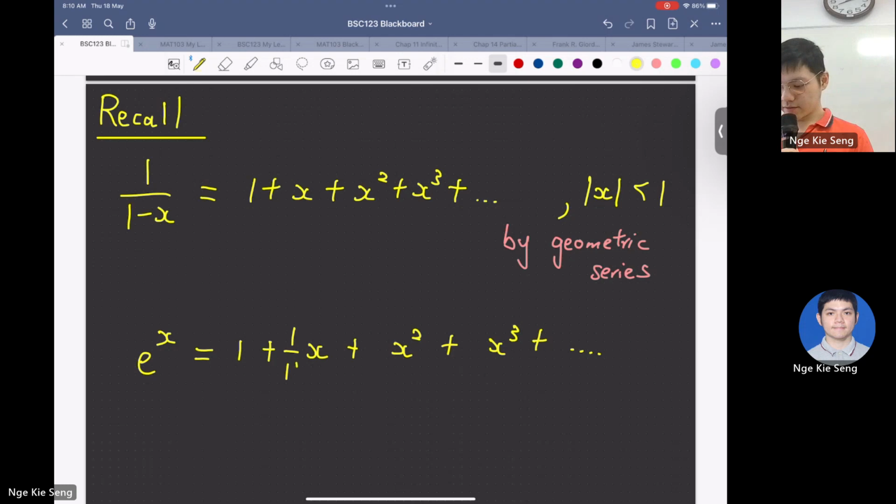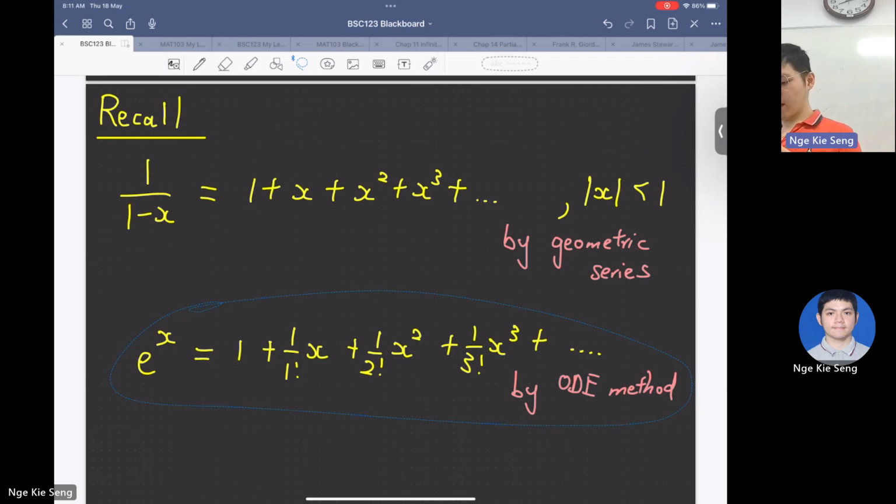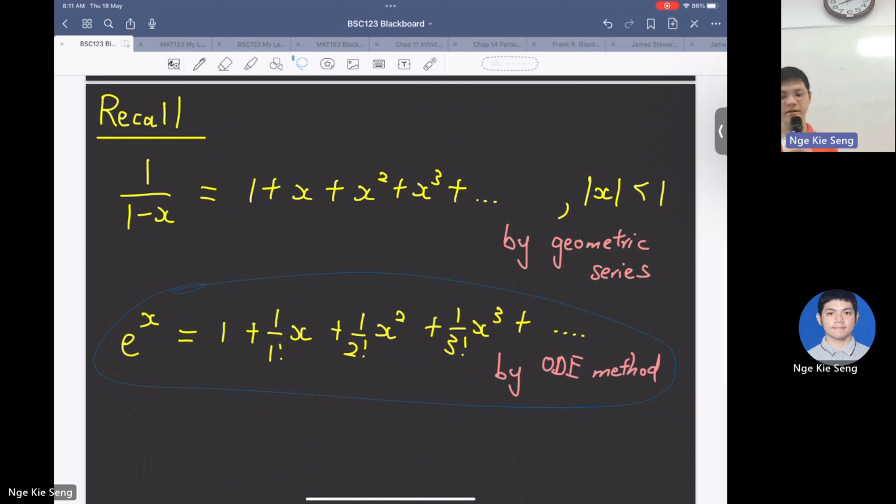So you have 1 over n factorial in front of the power of x to the n. This is the second thing we found by the ODE method. If you don't know about the ODE method, it's fine. It won't be tested. But the end result is important: we know the power series of e to the power x.